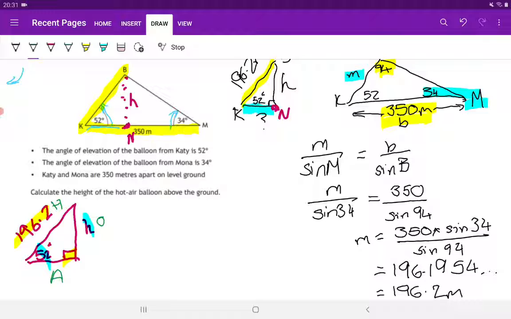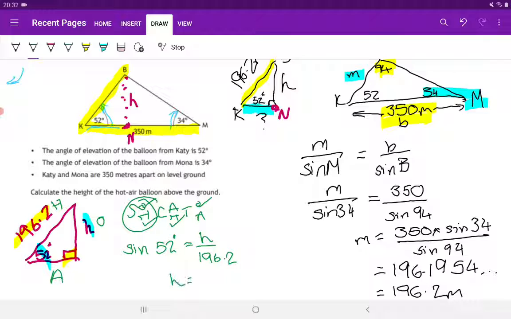So we write down Sohcahtoa. We know the hypotenuse, and we're trying to work out the opposite. The one with 2 ticks is sine. It's sine of the angle, which is 52 degrees, equals the opposite, which is little h, confusingly here, over the hypotenuse, which is 196.2.